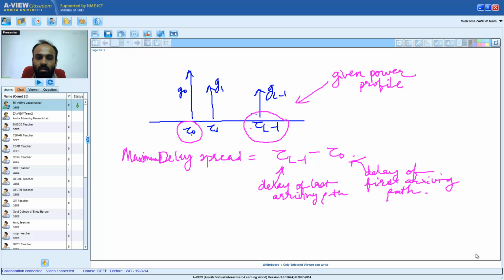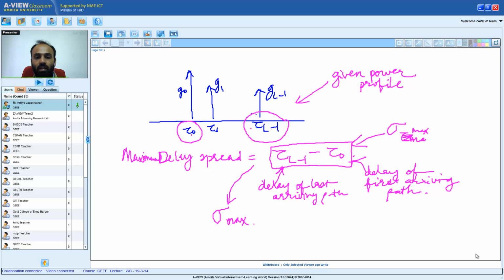This can be denoted by the notation sigma max. Sigma max is basically the maximum delay spread.